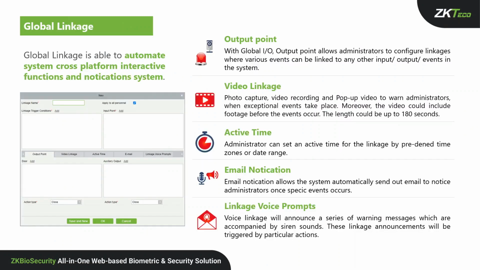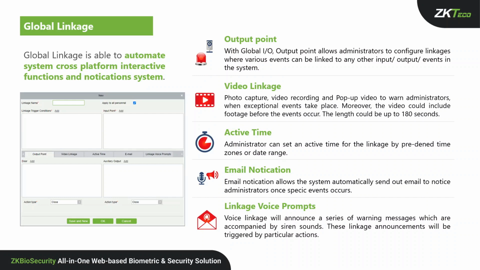Global linkage. Global linkage is almost the same as global anti-passback. Global means it works across different controllers and devices, not only the same device. In global linkage, the settings are the same. You also have video linkage, output point, timing, email notifications, linkage, and voice prompt.